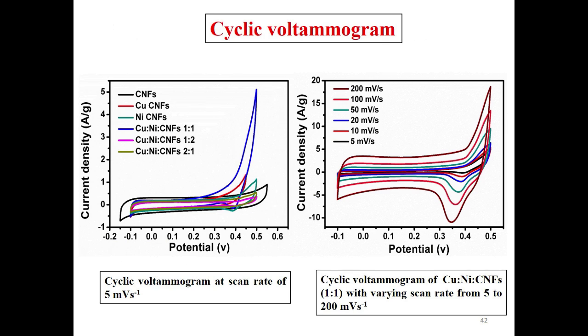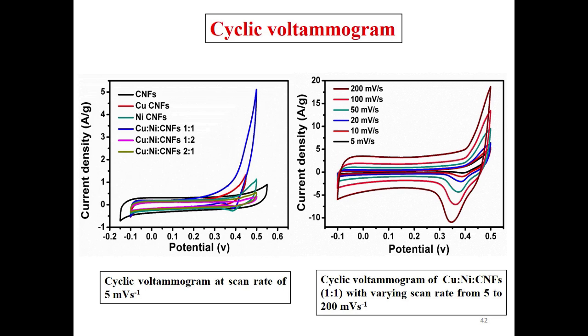We have prepared some materials, that is copper nickel carbon nanofiber of different ratios, 1:1, 1:2, 1:3. Copper carbon nanofiber and nickel carbon nanofiber are also used for the cyclic voltammetric study. Copper nickel carbon nanofiber shows high potential with respect to the current density, in cyclic voltammetry at a scan rate of 5 millivolt per second.